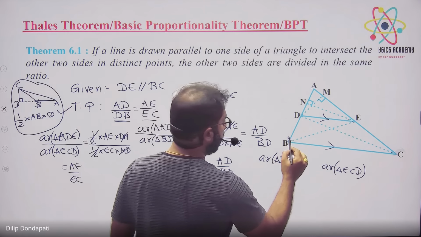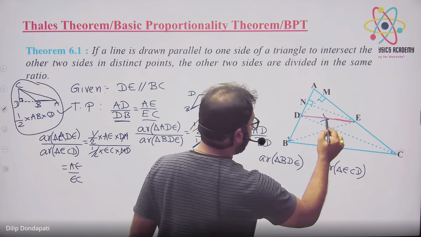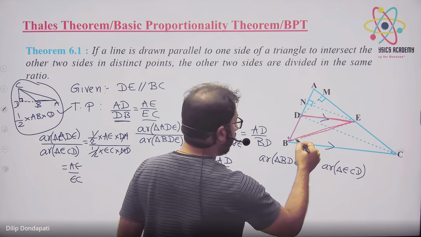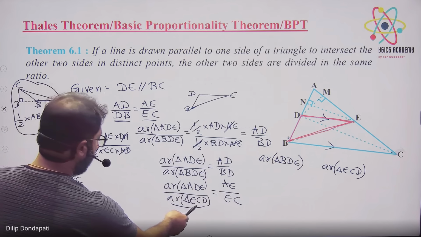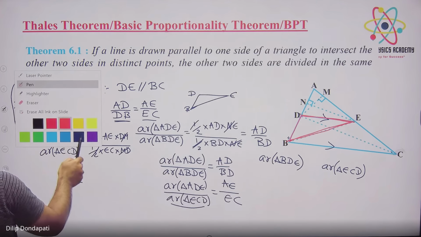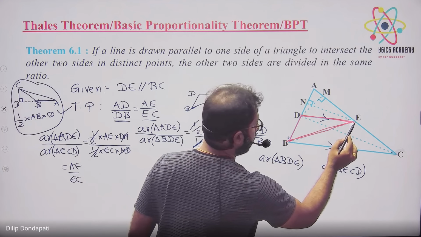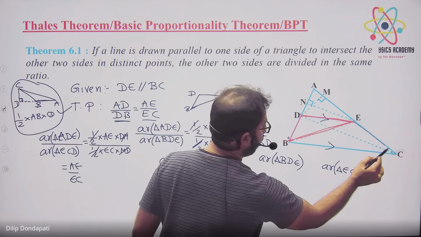BDE मतलब this is a triangle. Next, ECD. Okay, ECD. Okay, ये वाला.